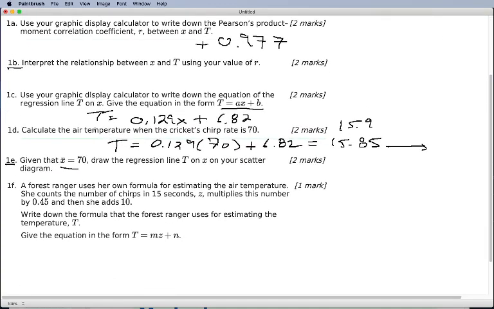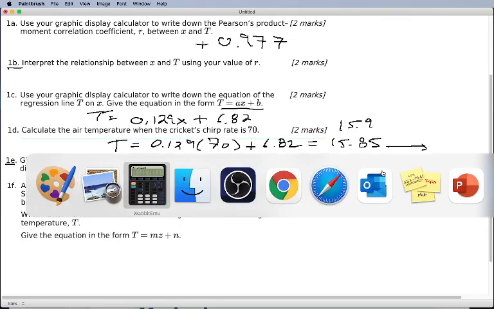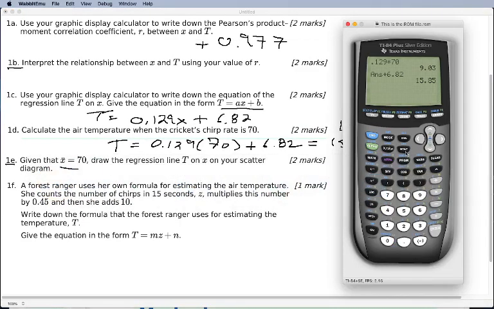So if we were going to find out the other value, and we did have to draw the regression line, we would have to go to Stat, Calc, and 2 variable stats. And this will give us all the statistics on our L1 data value and our L2 data value.